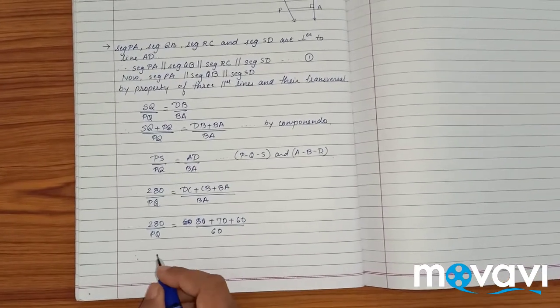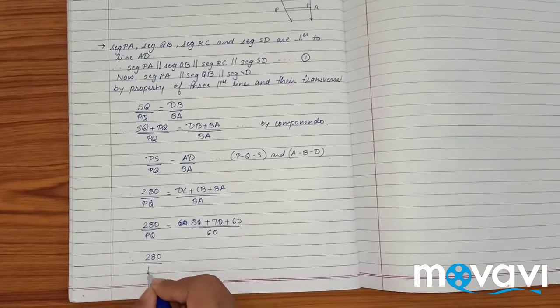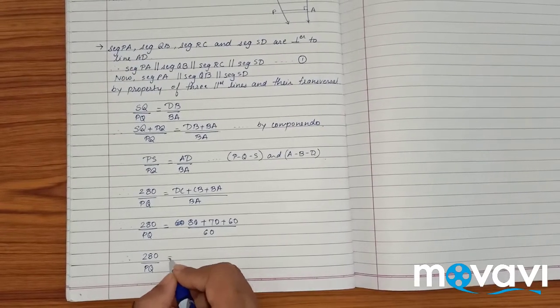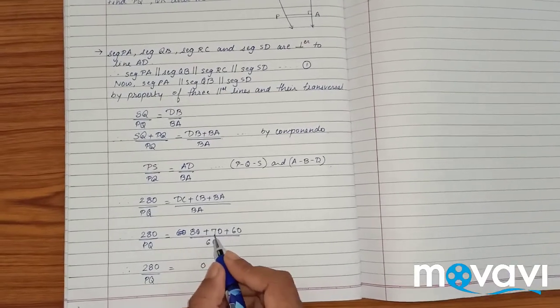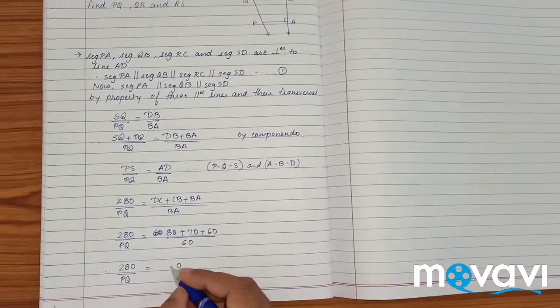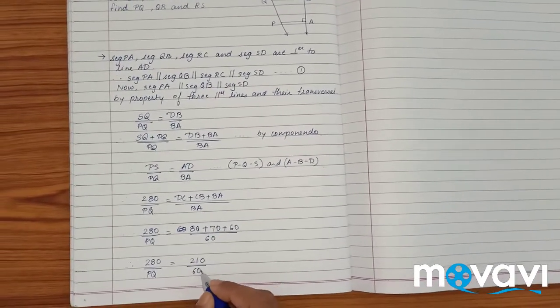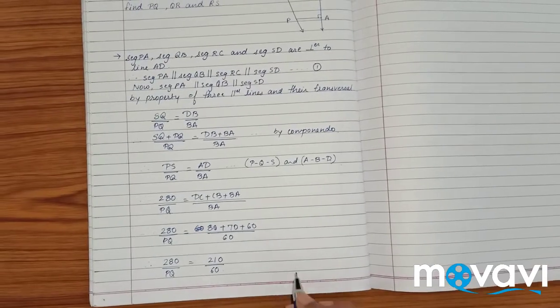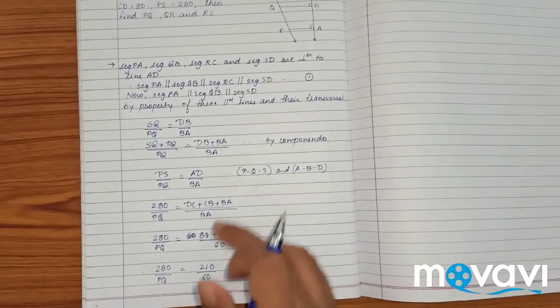Let us calculate. This becomes 280 upon PQ will be equal to 0 will remain 0, 8 plus 7 is 15, 15 plus 6 is 21, so 210 upon 60. So I have just substituted. Now let us calculate for PQ.